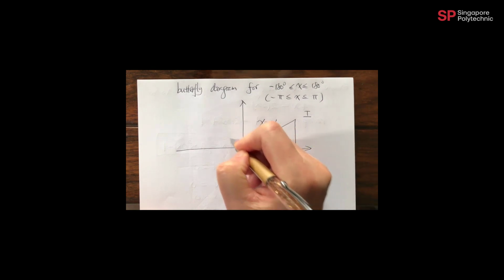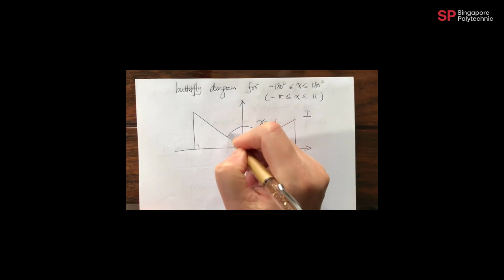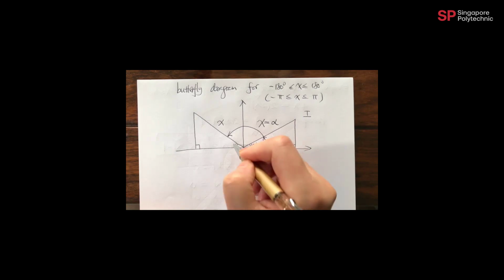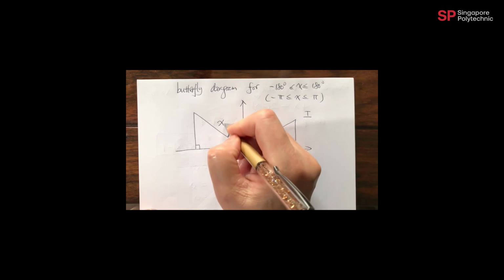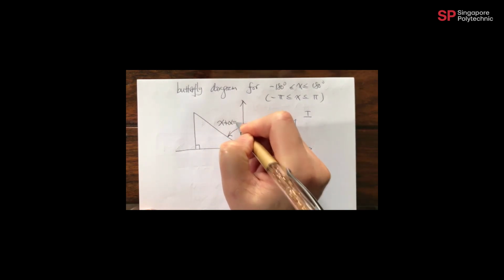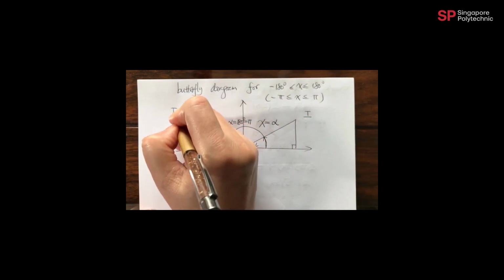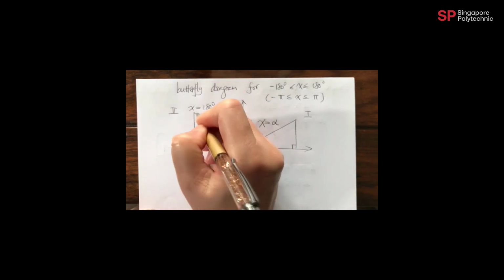If I continue the rotation in the same direction, this will give me x stopping over here, and this is my alpha. And again, as we know, x plus alpha should equal 180 degree or pi. So if I make x the subject, it equals 180 degree minus alpha or pi minus alpha. So notice that this first part is the same as our first butterfly diagram.